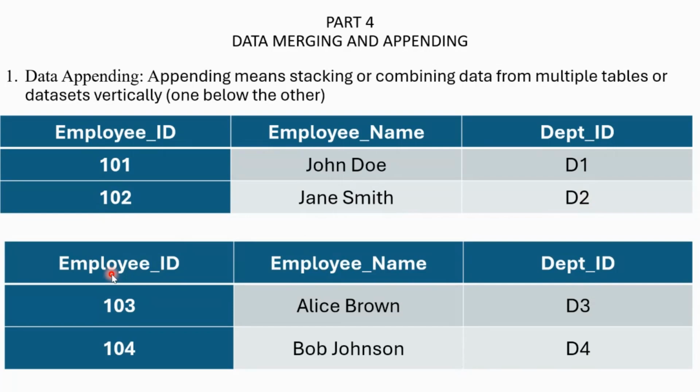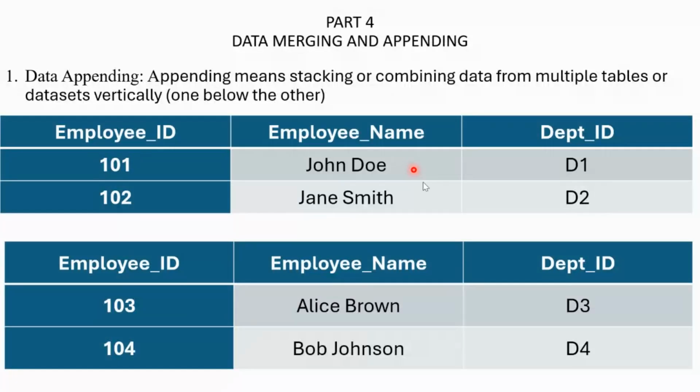In our table B, we have employee ID 103, 104, employee name Alice Brown, Bob Johnson, and department ID D3 and D4. So these are two different tables. Whenever we are talking about appending, you are bringing two things together vertically. It can be from different sources, but we are joining it together.